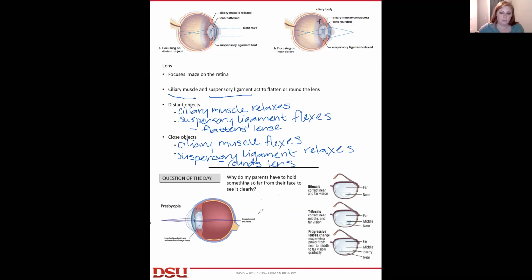So it has a hard time going from rounded to flat and flat to rounded, and so it usually needs some assistance. There are glasses that can do that, blended lenses, and then LASIK, corrective surgeries, things like that.